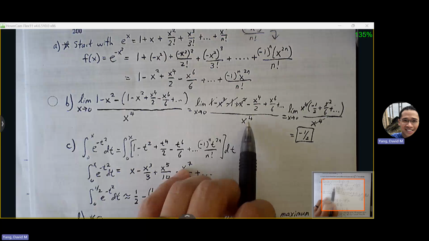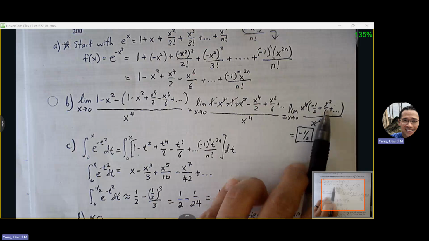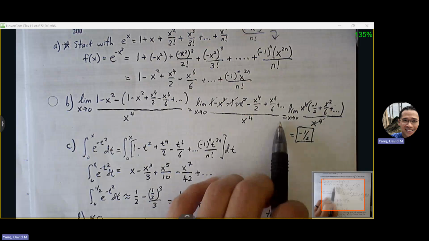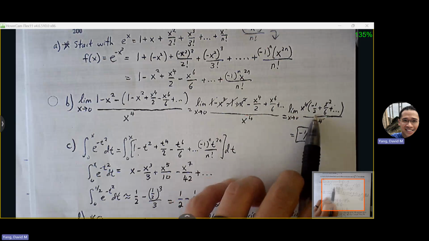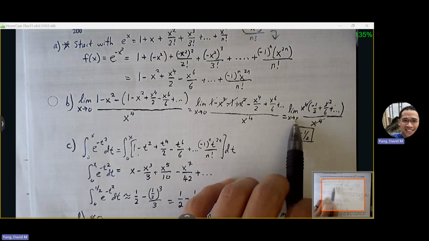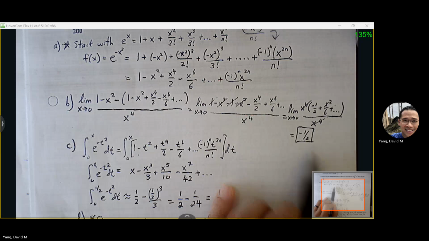But if I divide everything by x to the fourth, this is the only term that's going to end up with a constant, which is negative 1/2. Everything else will still have an x remaining, and that x will get pushed to 0, which means that the only thing that's unaffected by x approaching 0 is going to be that constant, negative 1/2. And so the limit is just going to be negative 1/2.